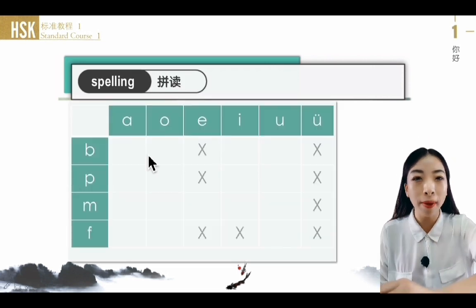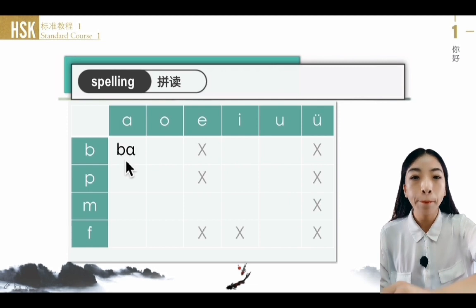Let's do some spelling. Remember the simple finals? They are a, o, e, i, u, ü. Ba, bo.